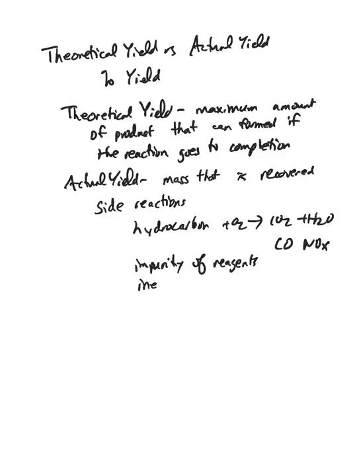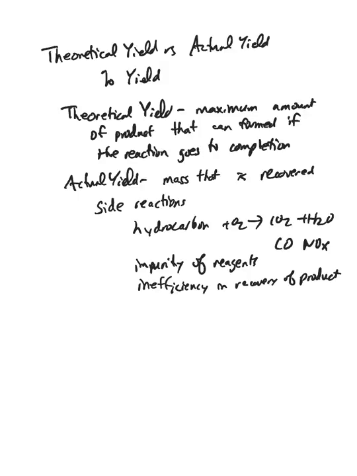So, inefficiency in recovery of product. If it's a gas, some of it might escape. If it's a solid, when we do our separation or precipitation or filtration and drying or whatever, we might have lost something along the way.